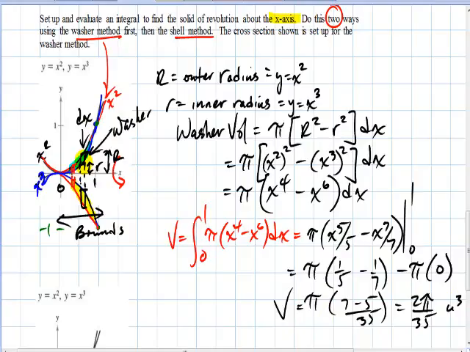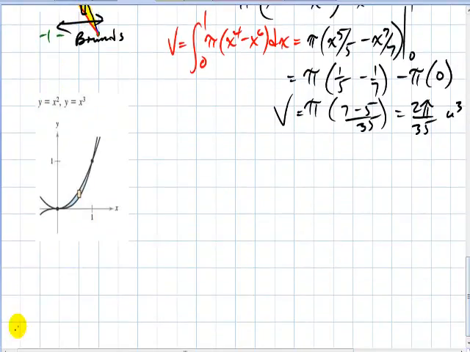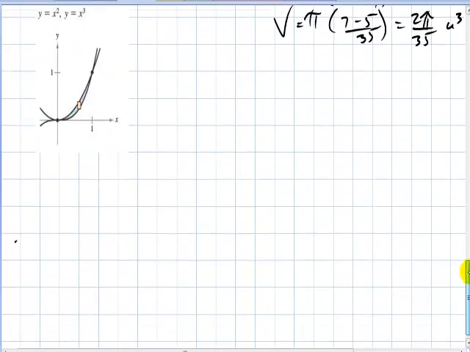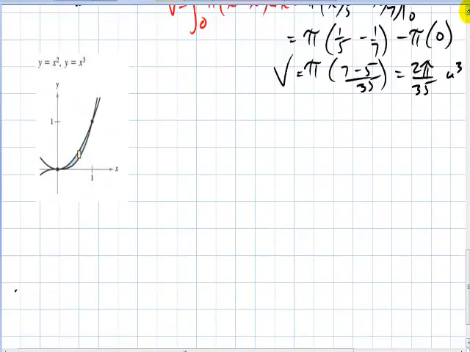If you make cross sections horizontal, you don't have a washer, you have what's called a shell. So let me show that in the second example here. Now we're going to have to redraw the cross sections. First I'm going to reflect over here and draw the curves again, draw the bounded region basically.